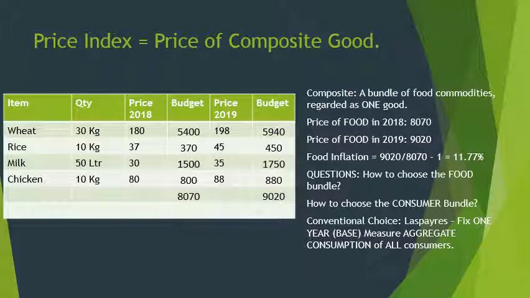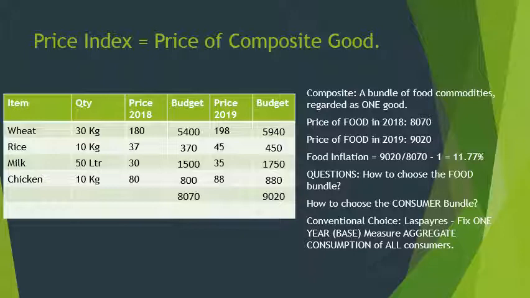So we multiply the quantity by the price to get the budget. So 5,400 rupees were spent on wheat, 370 on rice, 1,500 on milk and 800 on chicken. We add this all up and this gives us the budget, the total spending, which was 8,070.